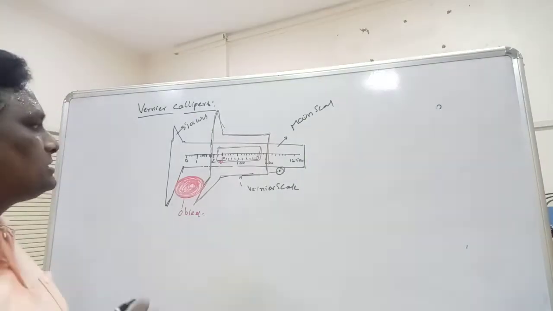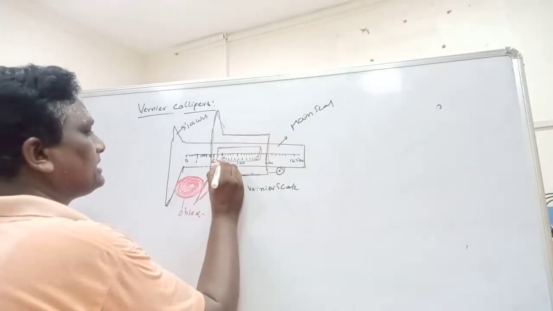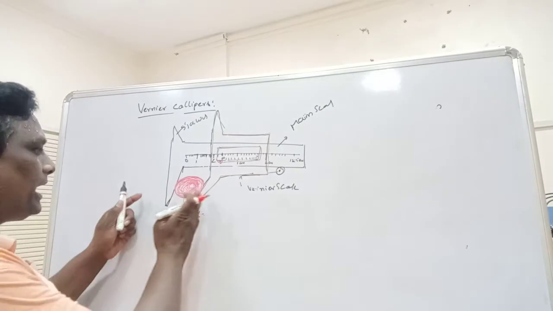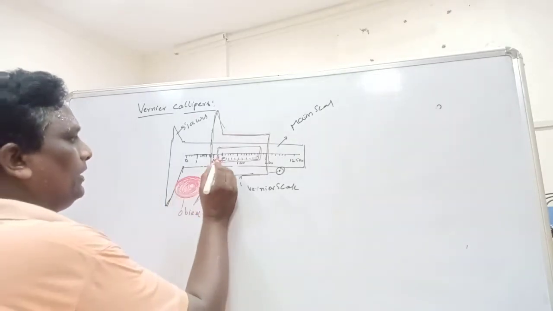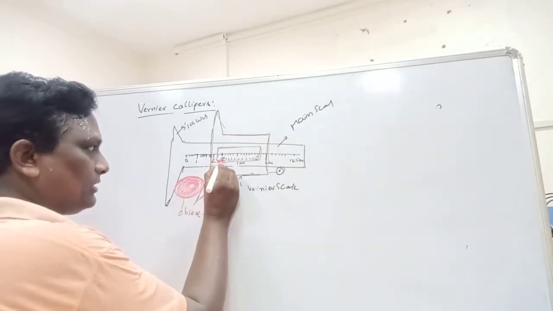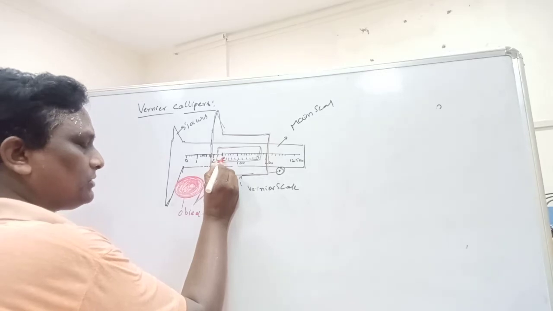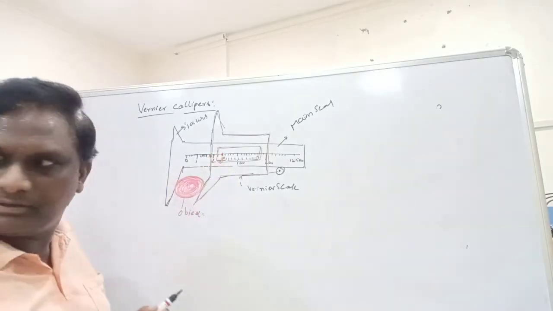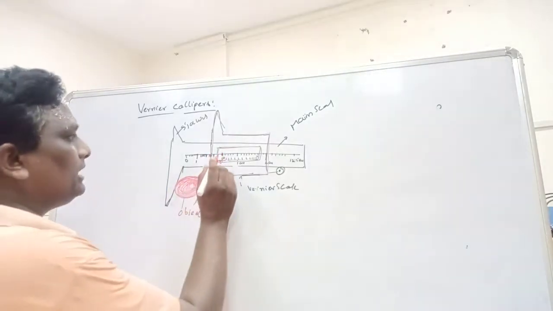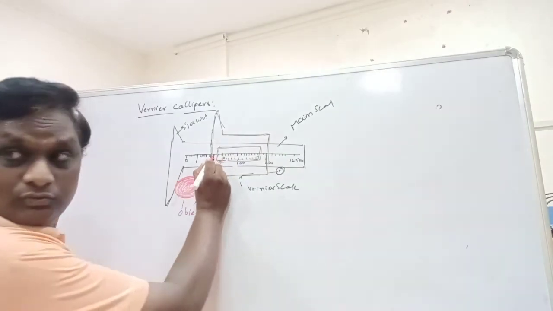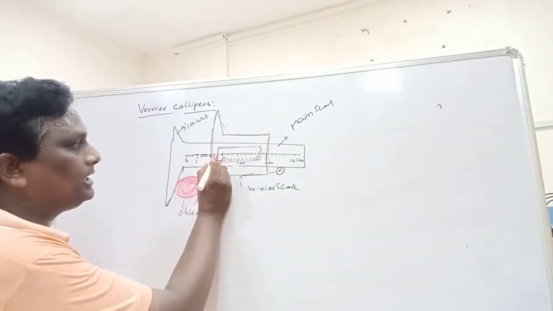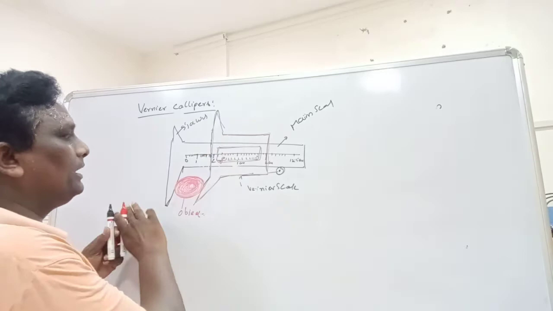No, sir. Now this is the Vernier 0. Where the Vernier 0 lies on the main scale reading, the main scale division, see the main scale: it is 2, 2.1, 2.2. For example, it is 2.2.